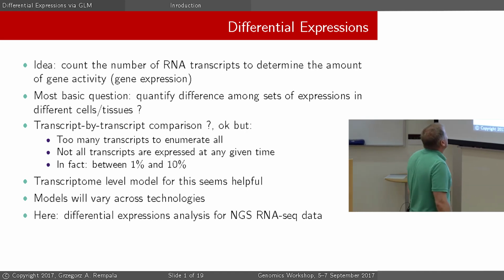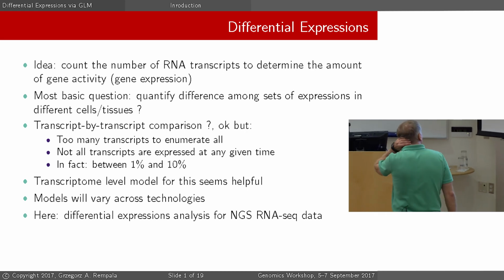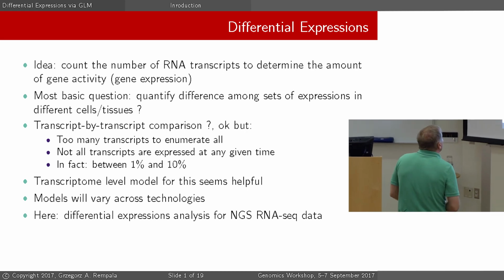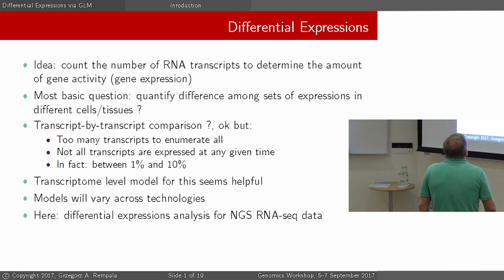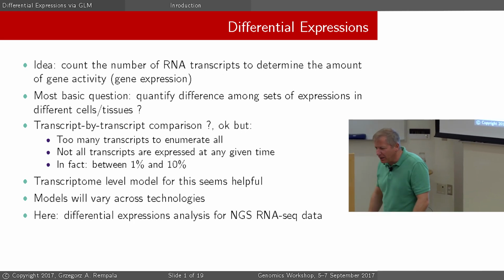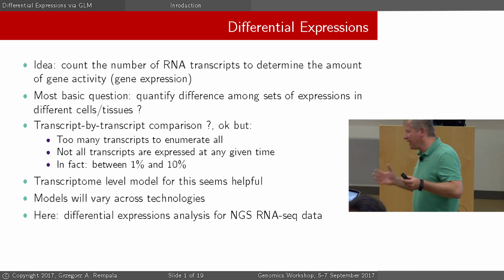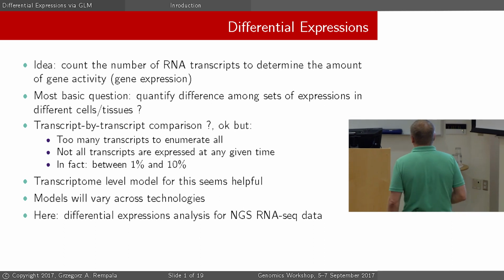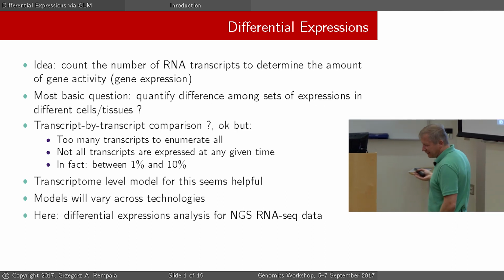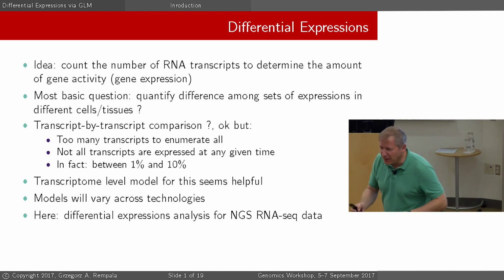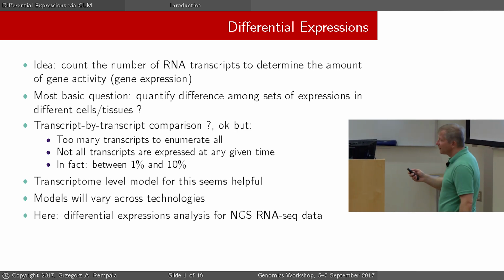All right. So differential expressions. First of all, I would like to talk a little bit about what is a differential expression. So the idea is that there is some amount of activity within the cell that is encoded first in RNA and then in protein, and that amount of activity relative to the possible amount of activity is relatively small.